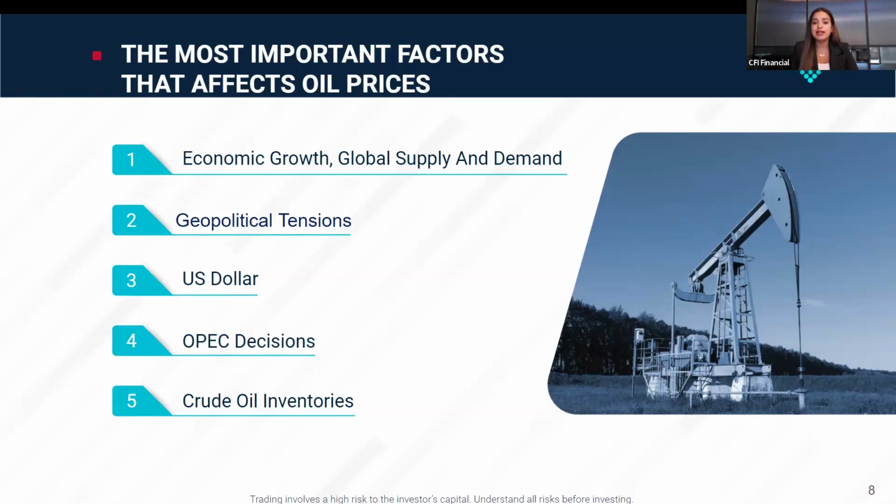Geopolitical tensions can have a positive impact on oil prices, and when there's a strong US dollar, this can negatively affect oil prices. OPEC decisions regarding production can also have a direct impact on the prices. And lastly, crude oil inventories, which give us an indication about supply and demand, can also have a direct impact on the prices.